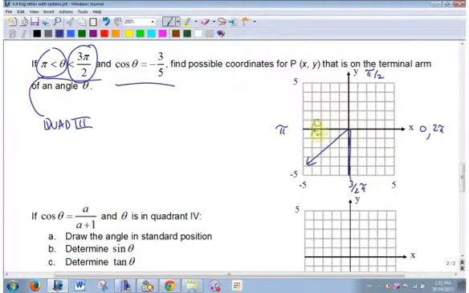What else do I know? I know cosine of theta is negative 3 over 5. To get to this point, I got to go negative 3 over, this is a distance, remember, so it's always positive.